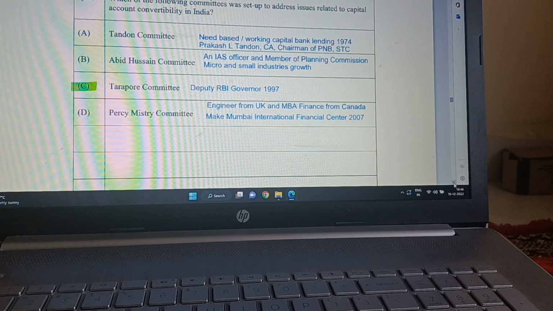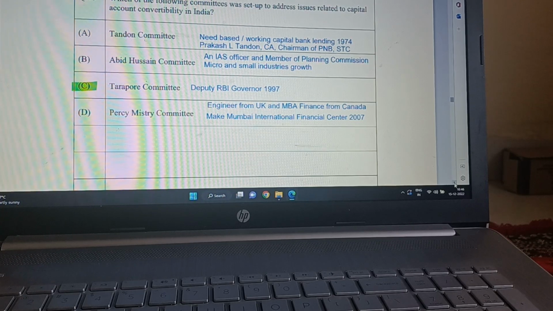Balance of payment means deficit and surplus. So we have this question related to RBI job, because RBI looks after balance of payments, and so this should be the case of someone who is working in RBI.